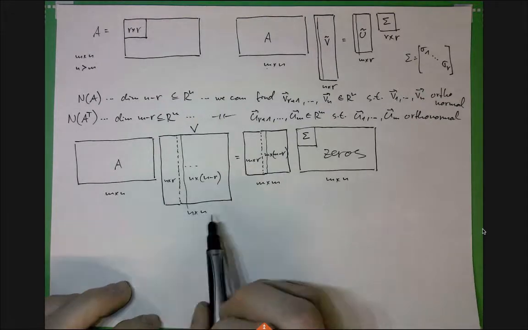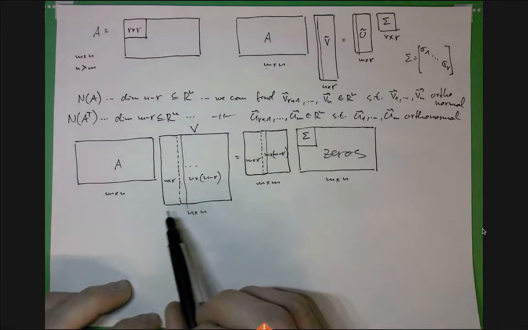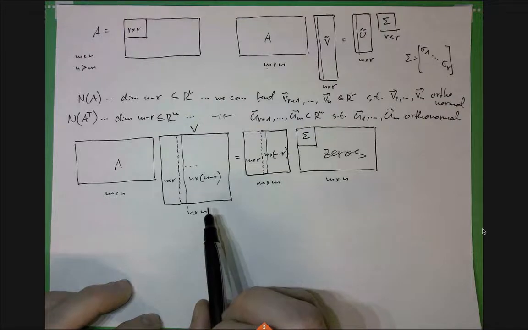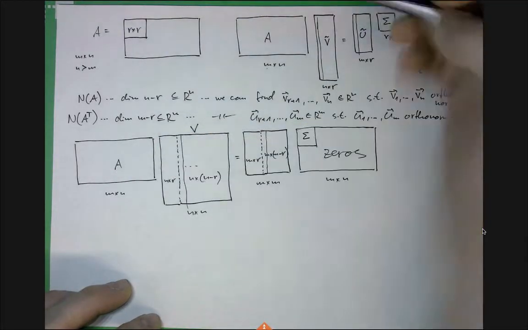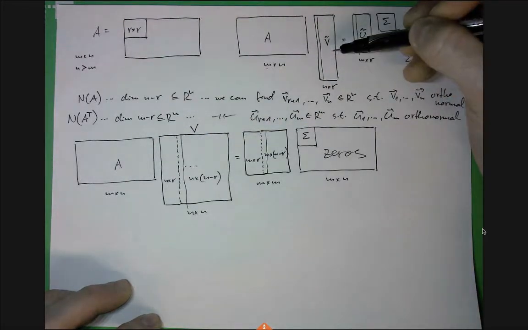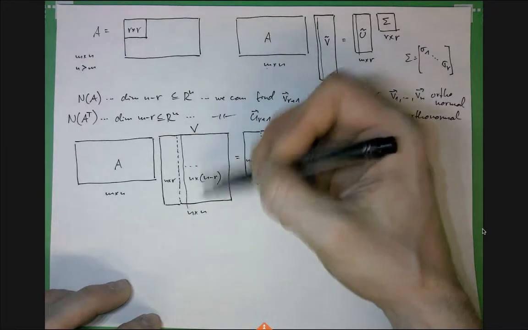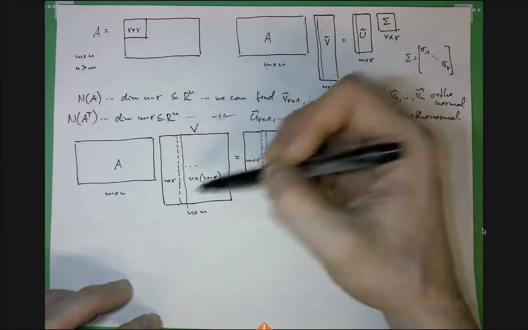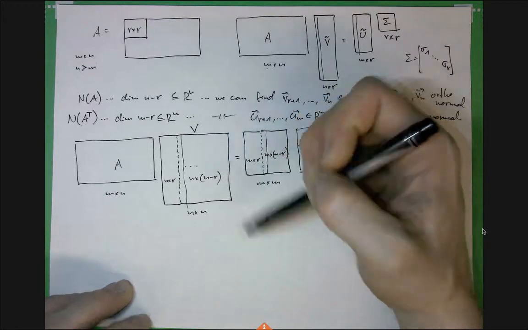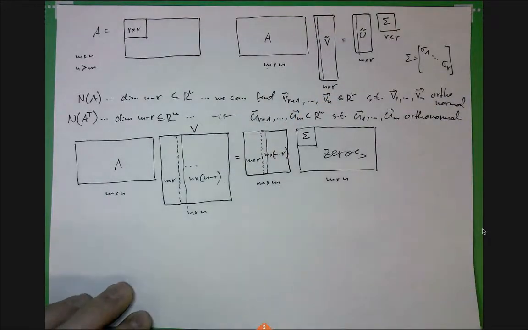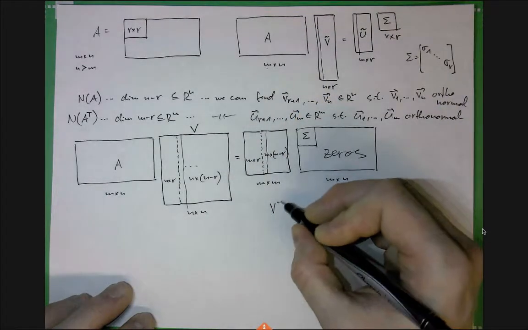All we need to realize here is that now V is square and orthonormal, right? Before we only had that these columns were orthonormal, but now we complemented them to a basis of the entire space R^n. So this is a perfect square orthonormal matrix. That means that the inverse of V is what?